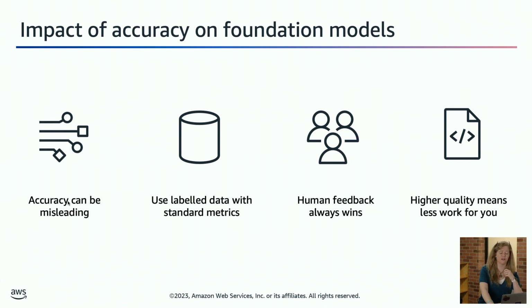And so in foundation models and machine learning, accuracy is a common metric where you'll try to see, oh, how accurate is this model? Does it answer this correctly? Accuracy is actually a pretty misleading term, however. So it's more common to use precision, to use recall, to use F1. And that's because accuracy is dependent on how many samples you have.